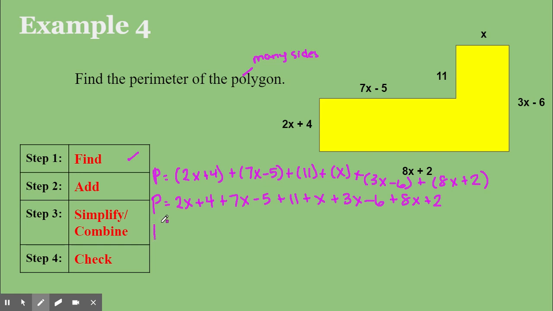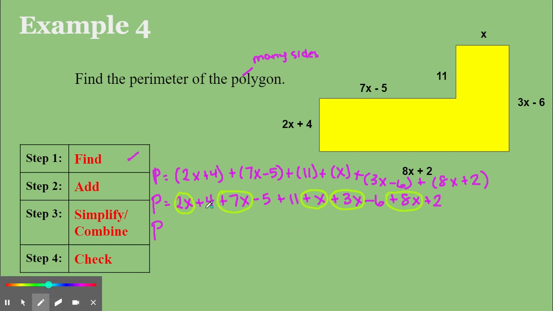All right, and now we're going to go on our search for like terms. So here we have something with an x. We want to find anything else that has an x. All of these terms contain just x and a coefficient.